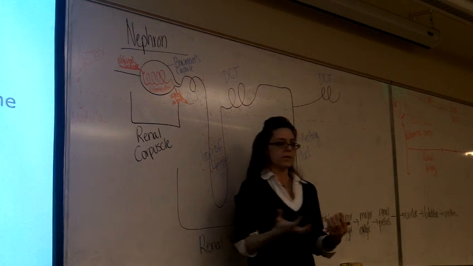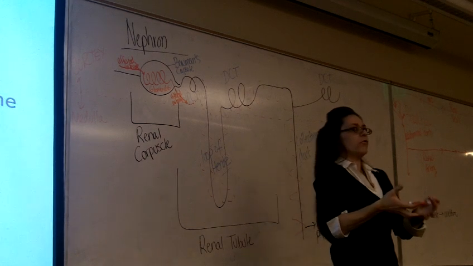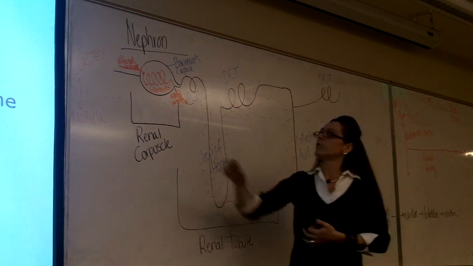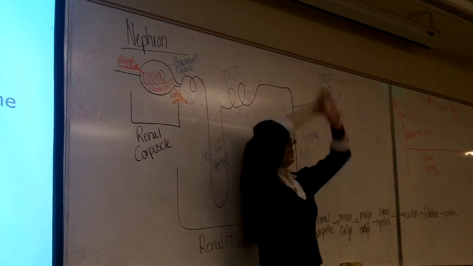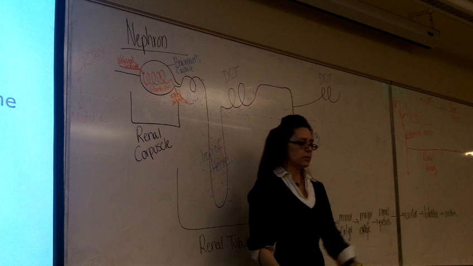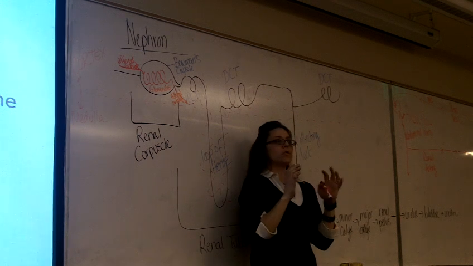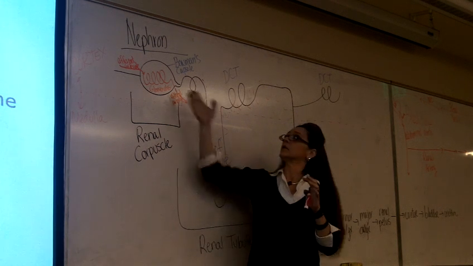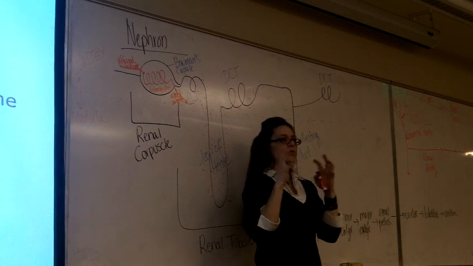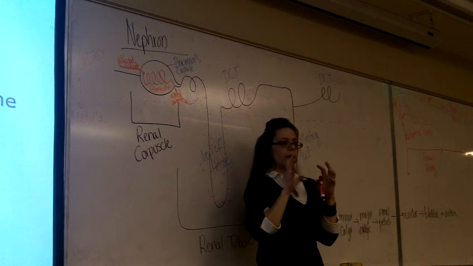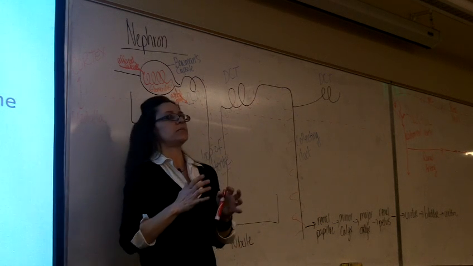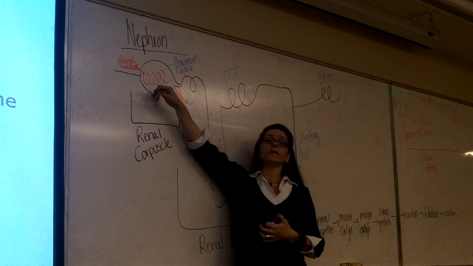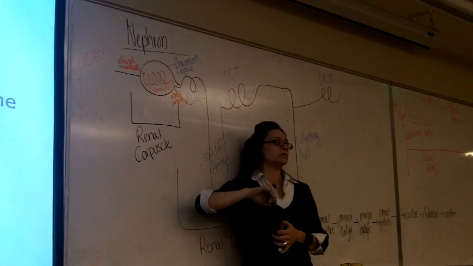So Bowman's capsule is basically a collecting area for this fluid. Just think, if this right here were Bowman's capsule and I was a glucose molecule inside of the glomerulus, the pressure is really high and it's forcing me out of the glomerulus and into Bowman's capsule, and anything else that's small enough to fit through those slits.